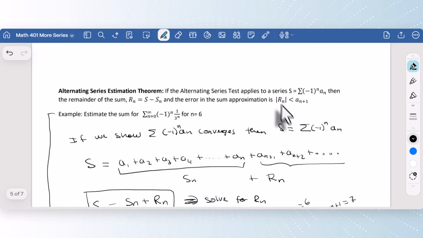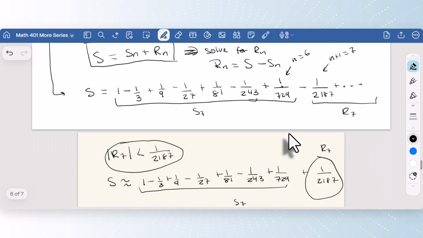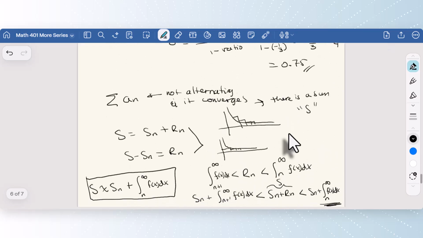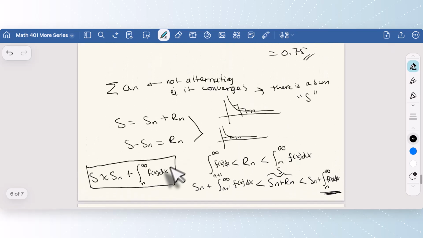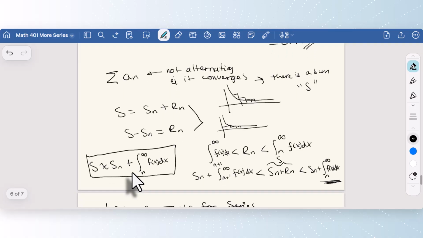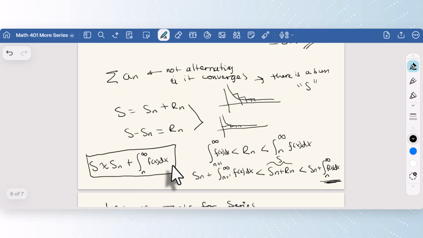Right, Rn is less than a sub n plus 1, and for non-alternating series, our Rn is less than the integral from n to infinity of f of x dx. So we can approximate sums this way. So now we know how to approximate all kinds of sums, as long as we can find the integral.